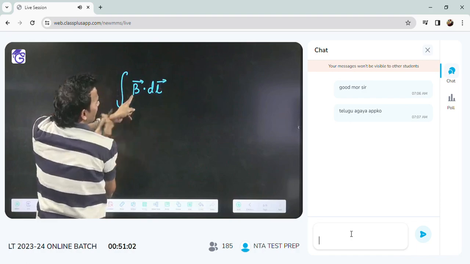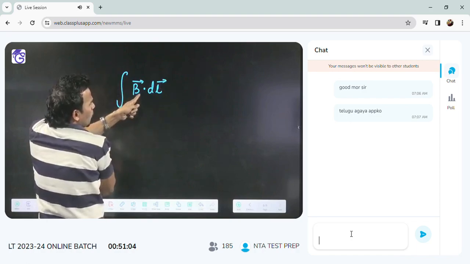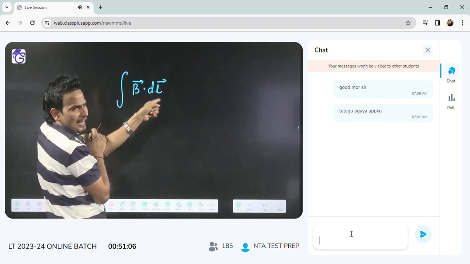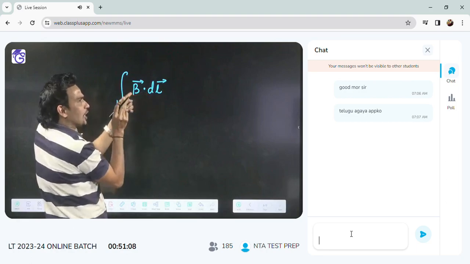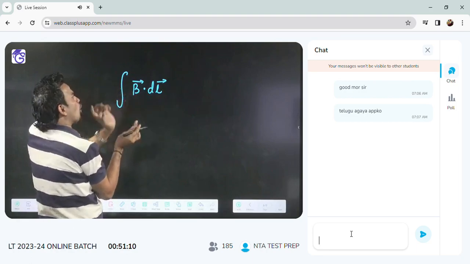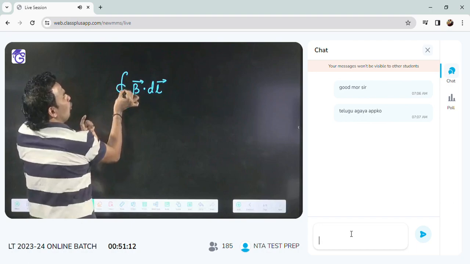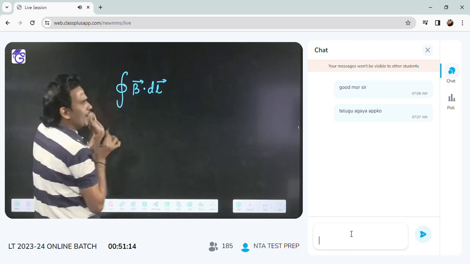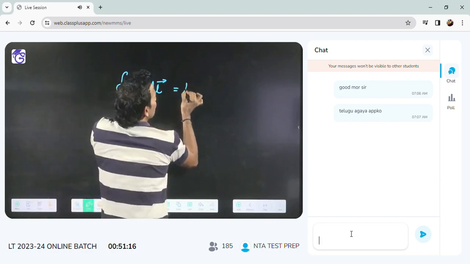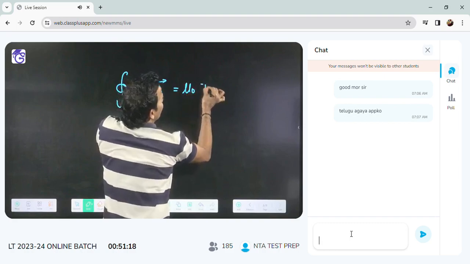You can see I am integrating magnetic field over the length. Line integration of magnetic field along a closed loop will be equal to mu naught times of net current.